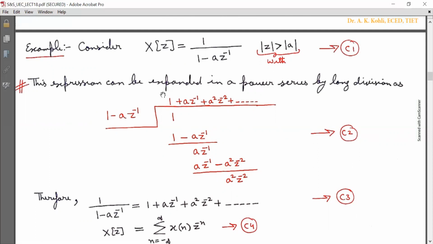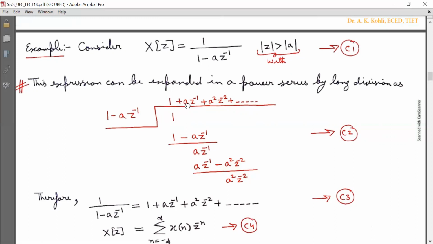This expression can be expanded in a power series by long division. Now look at this, it is 1 divided by 1 minus a z inverse. So put the divisor here and 1 here, and now I am going to divide 1 by 1 minus a z inverse. I will write 1 here and 1 minus a z inverse here, following the long division process, and I am having remainder a z inverse here.